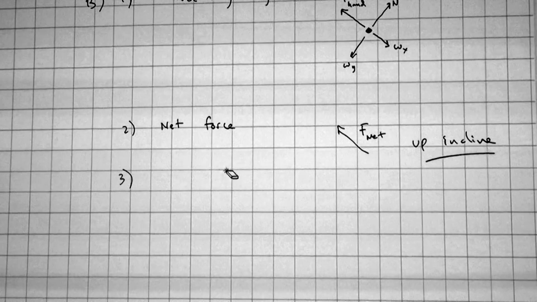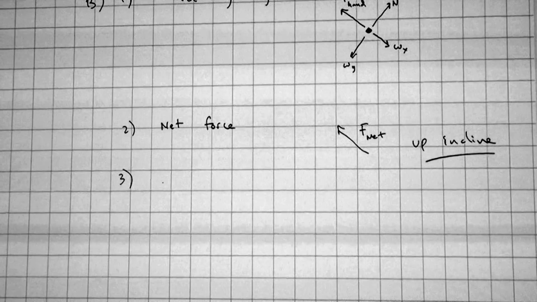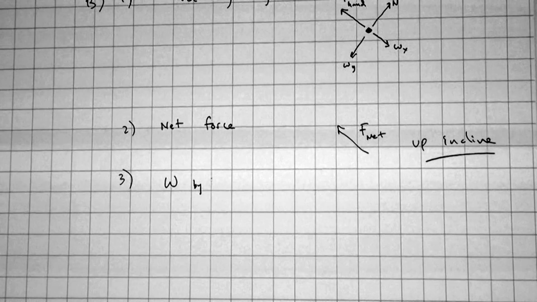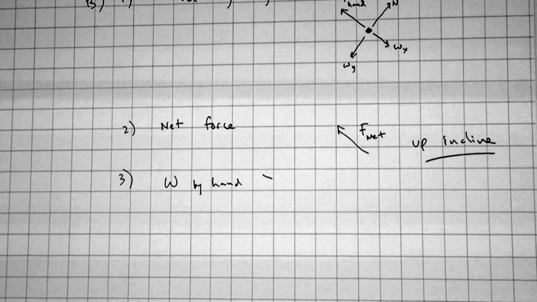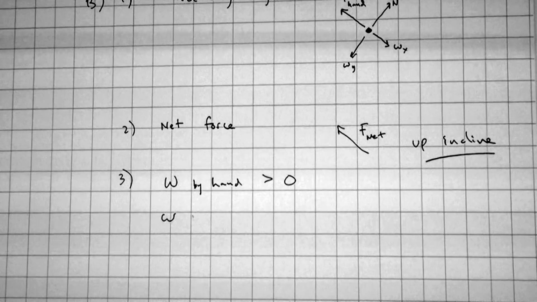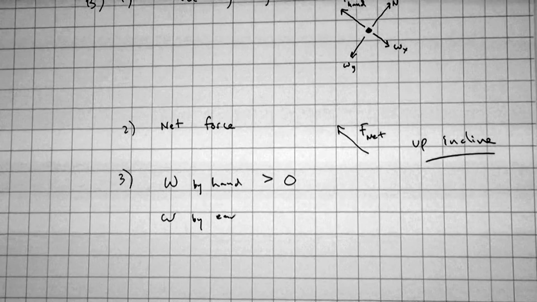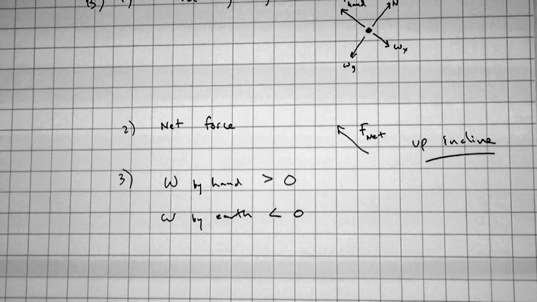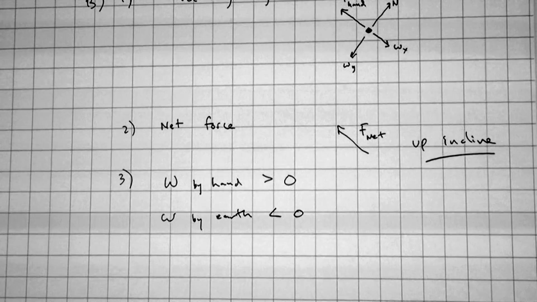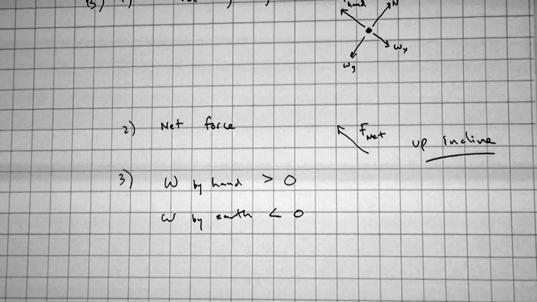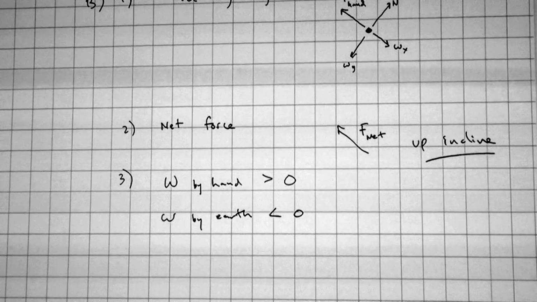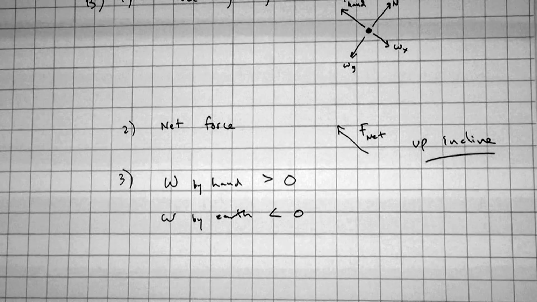Let me write this. Negative. Because the y component is doing no work, and the x component is pointing down the incline, and the block's going up the incline, so it's doing negative work.